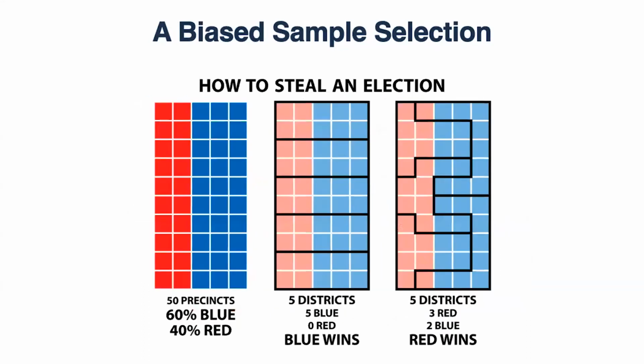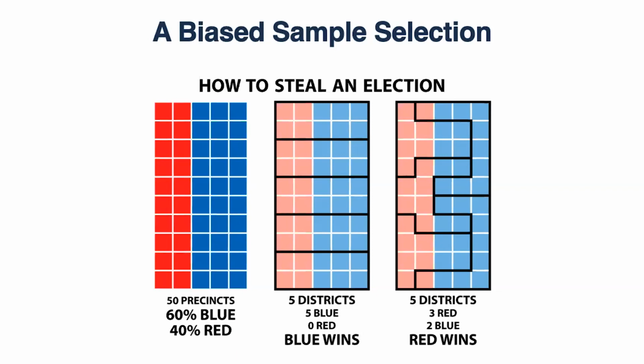Here's one example of how a biased sample selection can change elections. Let's say we have like 60% of blues and 40% of red. If we split these sections in similar blocks without the bias, you would see that there are 5 blues, so blue wins.